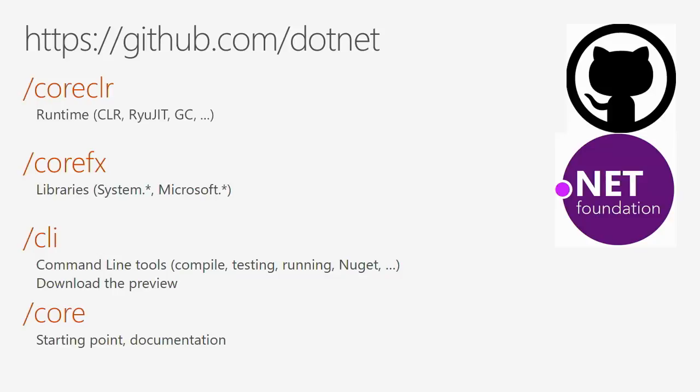So CoreCLR contains the runtime. You can read the code if you want, and the main types. So basic types, the CLR, the GC, the JIT compiler, and such. CoreFX contains basically the libraries you would expect to have available when you work with the .NET Framework.